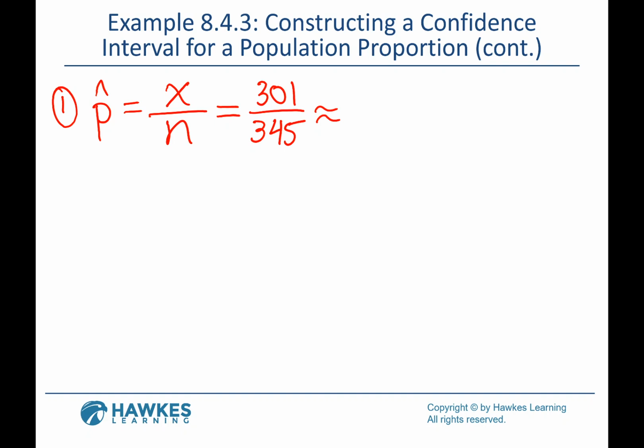I'll leave 5, so that'll be 2 extra. So that'll be 0.87246. The textbook says leave 6, but that's overkill. So there's p hat, our point estimate.